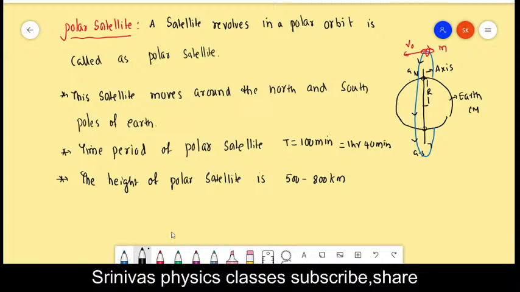Okay, right. And what are the uses of the polar satellite? Actually, the Earth revolves about its own axis like this. Is it right?